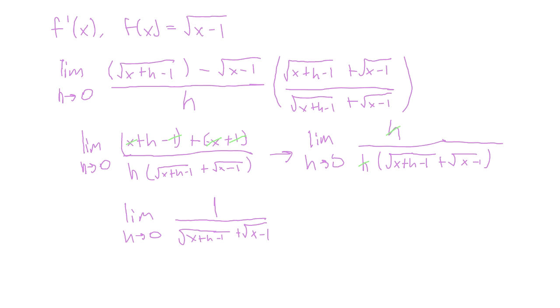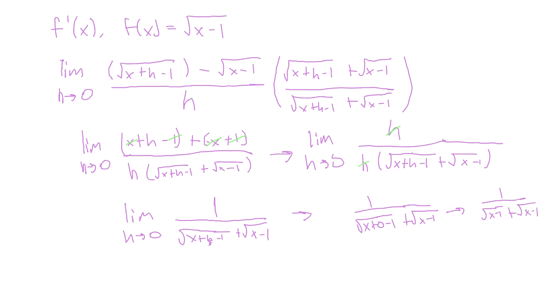Since we're taking the limit as h approaches 0, we can essentially treat that as a plus 0 in this root down here, which brings us to 1 over the square root of x plus 0 minus 1 plus the square root of x minus 1, which is 1 over the square root of x minus 1 plus the square root of x minus 1.